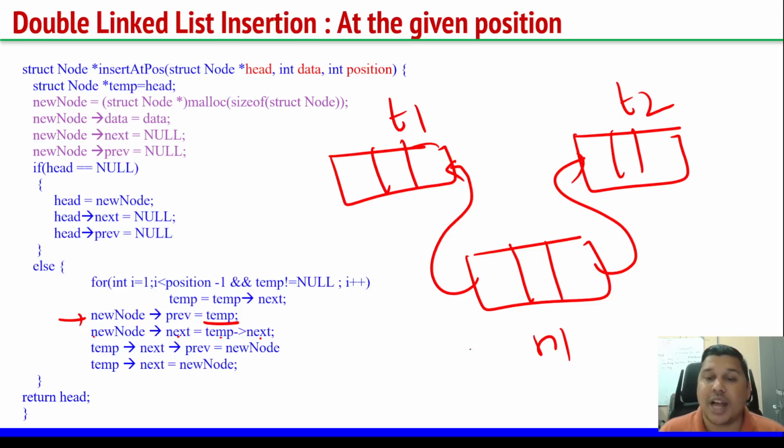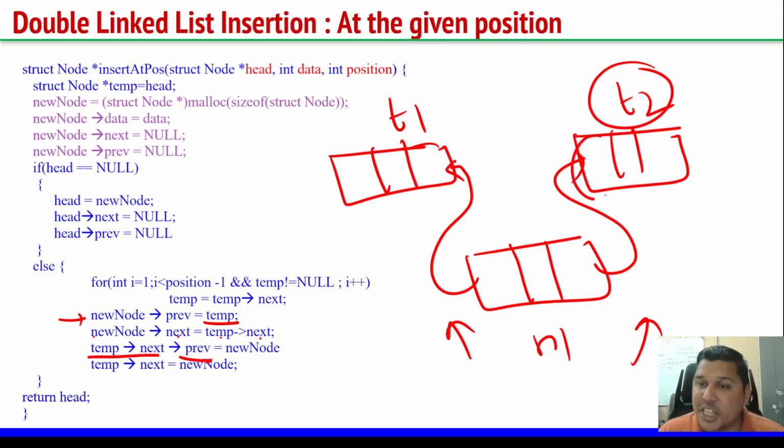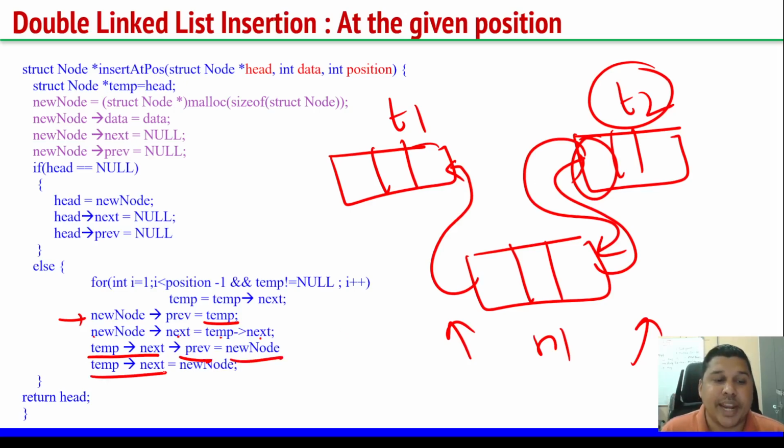Now both directions are over. Now think about the other direction. So temp next, that means this one, T2. Its previous, this box, should point to N1, that is new node. Next, temp's next, this is temporary. Its next should point to new node.